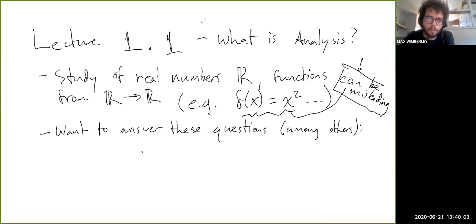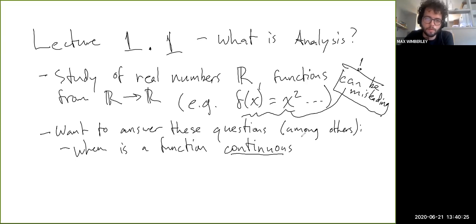For one thing, we want to answer the question, when is a function continuous? You might have heard this term before.